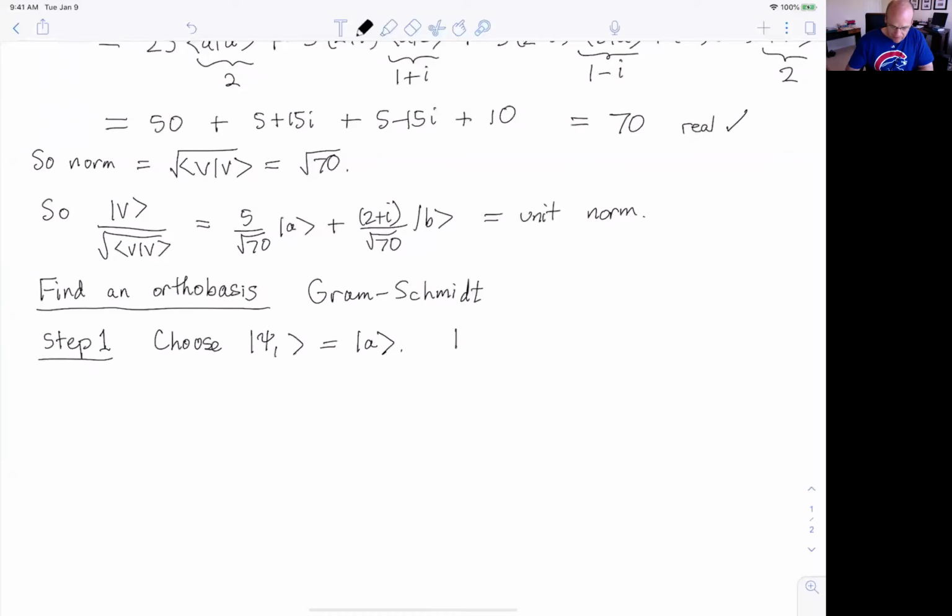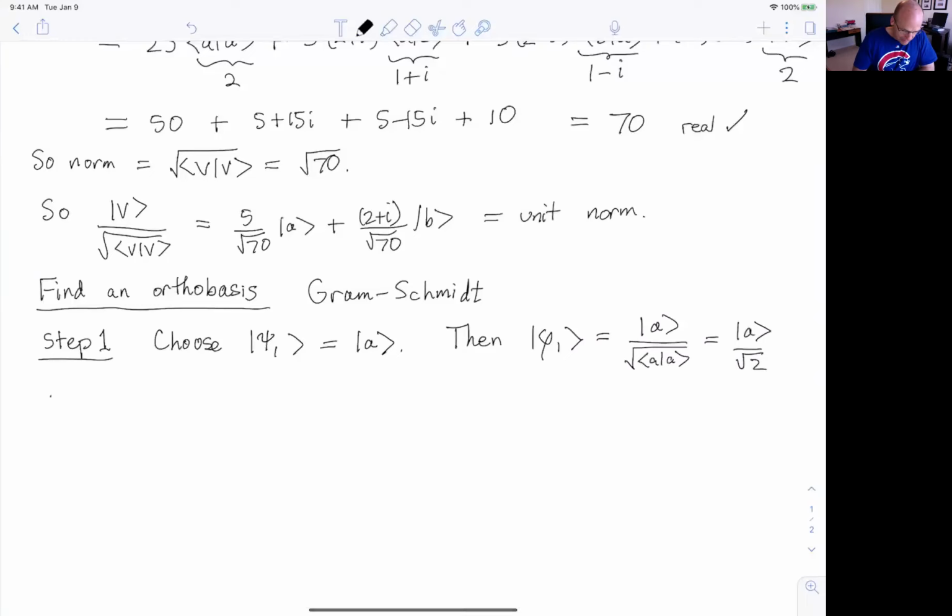So you define the orthonormal version of it, which I'm calling phi, to be A divided by its norm, which was specified to be 2. The inner product was 2, and so this is just A over square root of 2. So that's our first orthonormal basis vector.